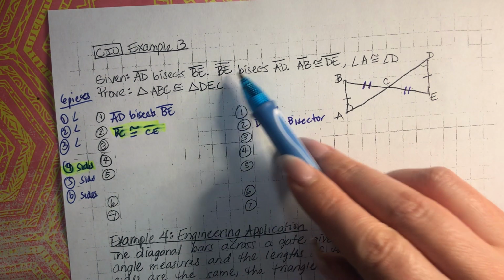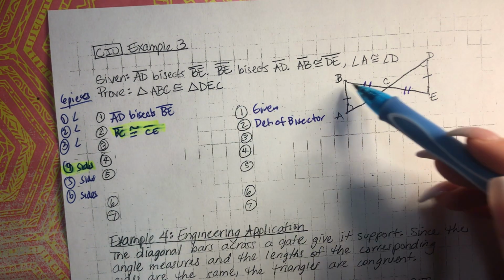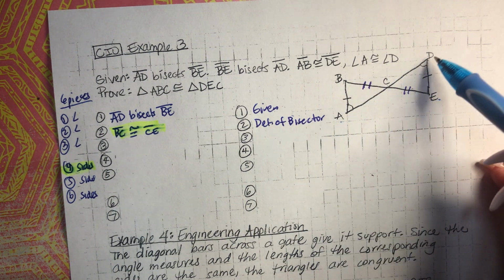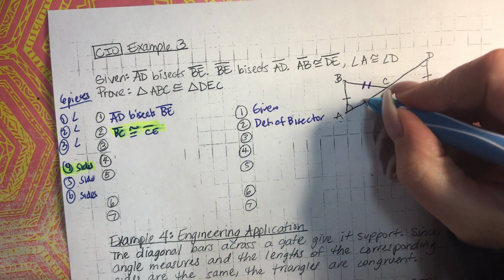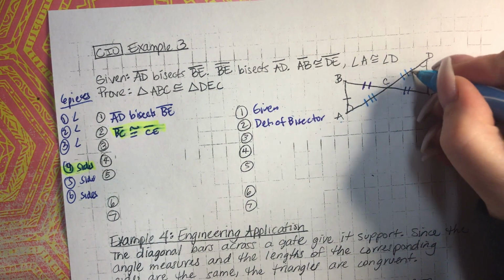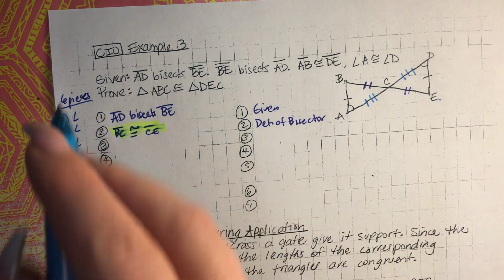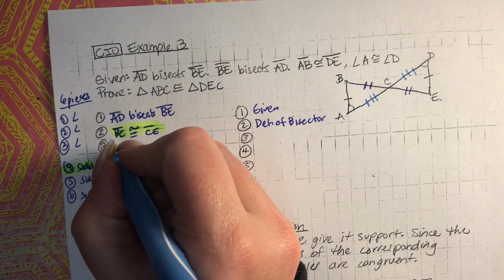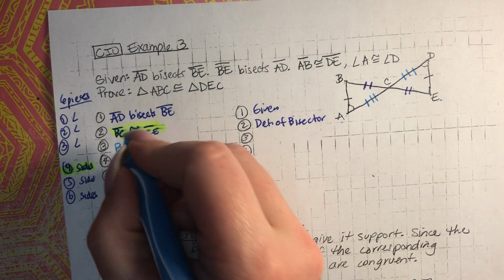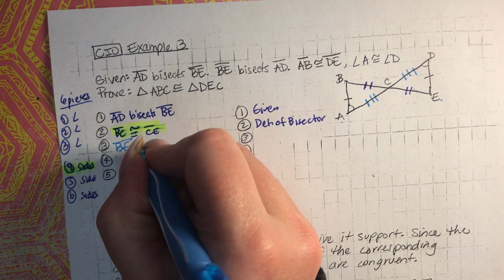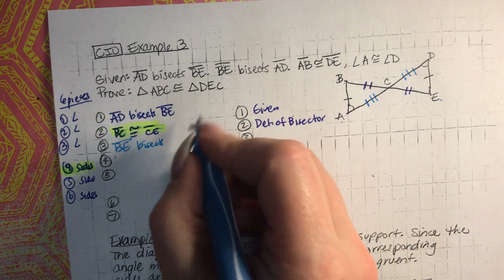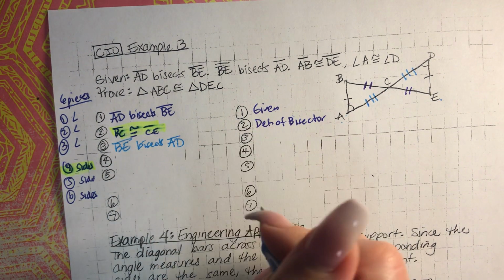It says BE bisects AD, which means that these sides right here, AC and CD, are congruent. So let's go ahead and write this right here. BE, line segment BCE, bisects AD. That's given.